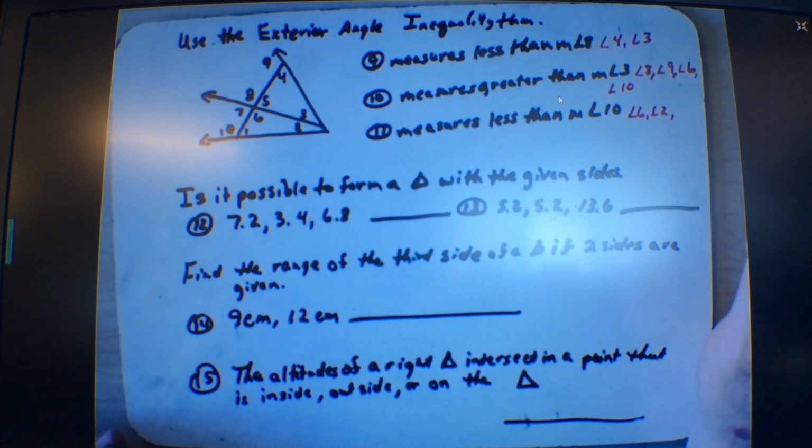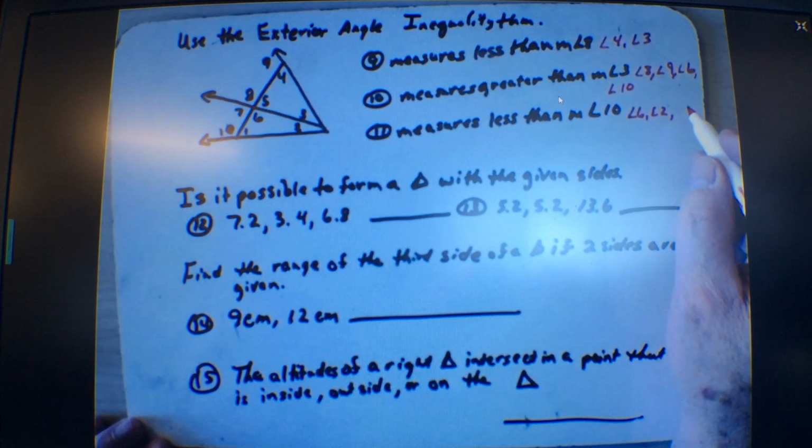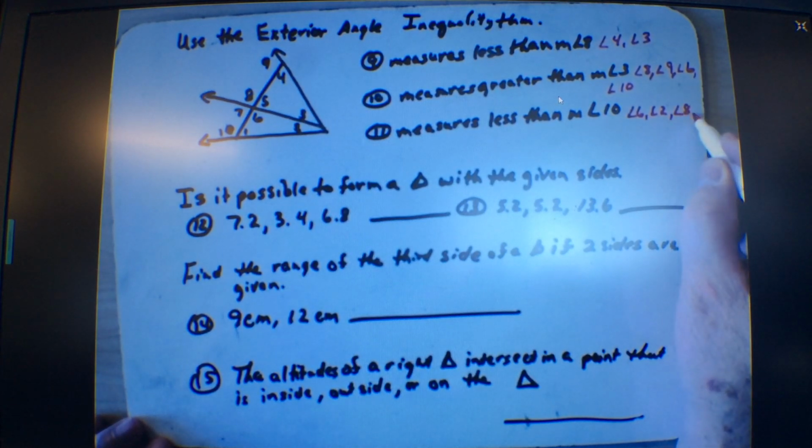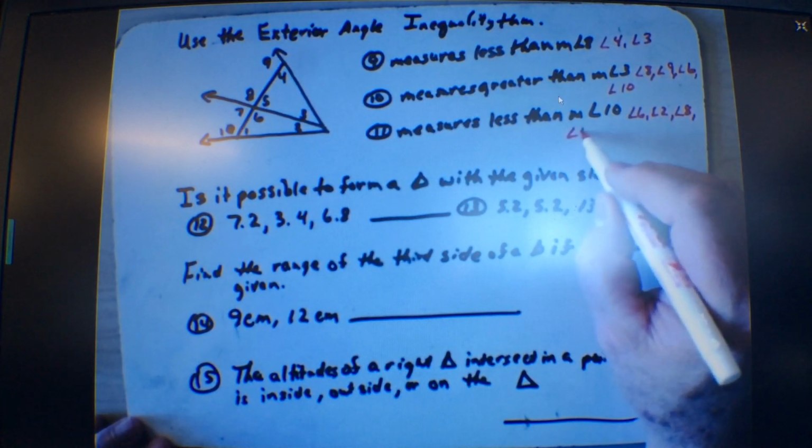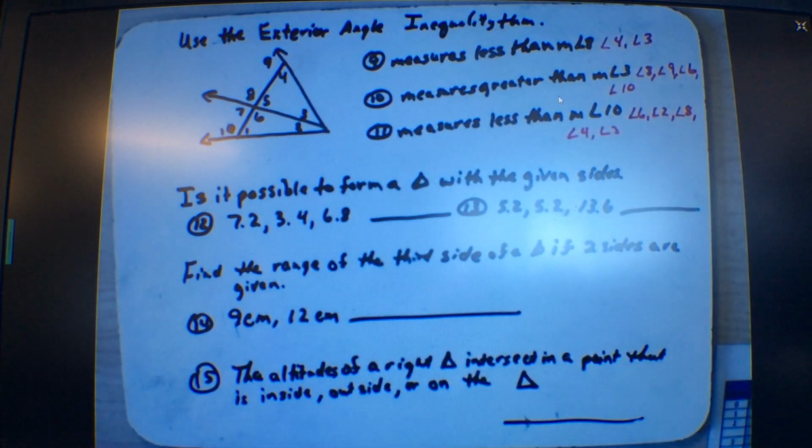Six and 2. Could it be 8, because isn't 8 congruent to 6? Yes, right. And so 10 would have to be bigger than 8. So it's bigger than 6? So then it's bigger than what? 4 and 3 also, right? And guess what? They forgot 8.